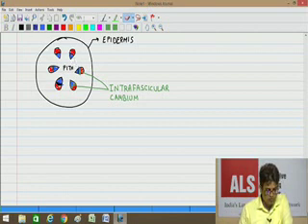I have to do some labeling now. Everybody knows xylem, everybody knows phloem, epidermis, cortex.